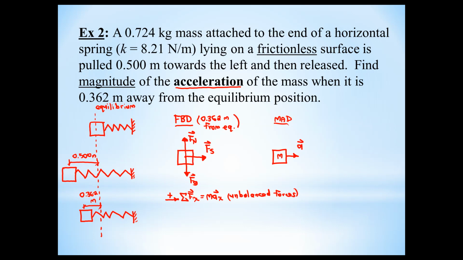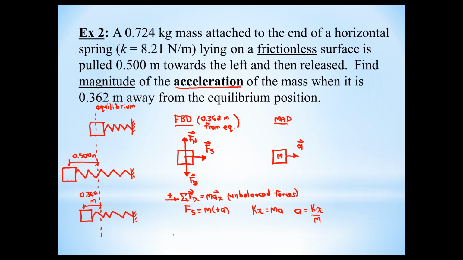Okay, so sigma Fx would expand to Fs. We actually derived this equation earlier on in the notes. So the Fs is equal to m times positive a. Fs, according to Hooke's law, the magnitude of that restoring spring force is k times x, and that would be equal to m times a. And we want to solve for the acceleration, which is equal to kx divided by m.